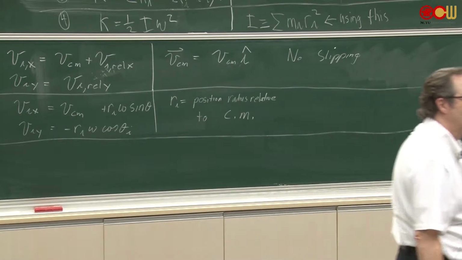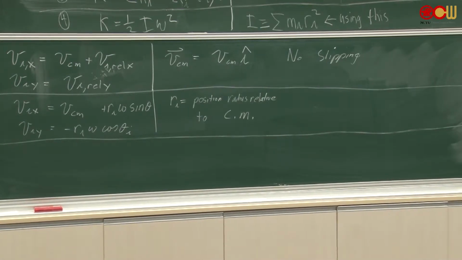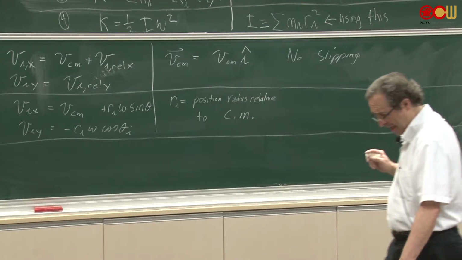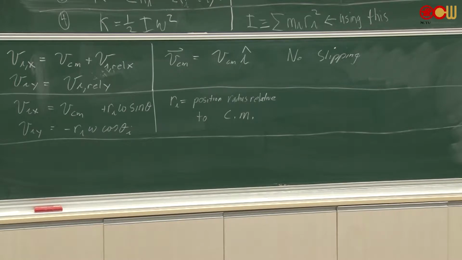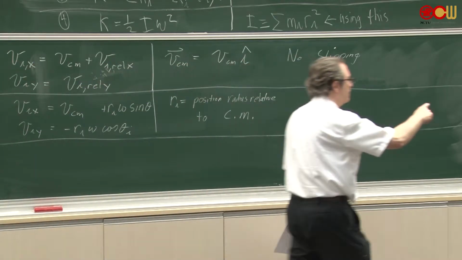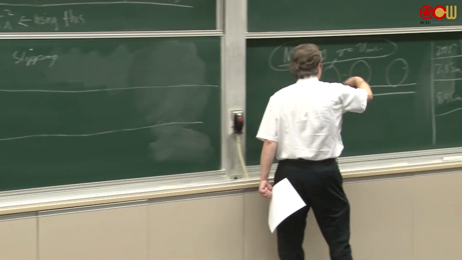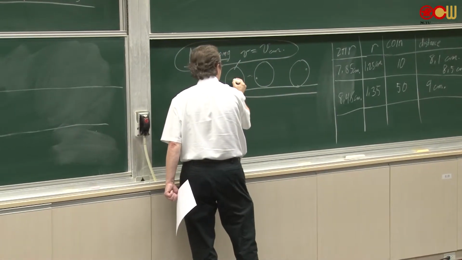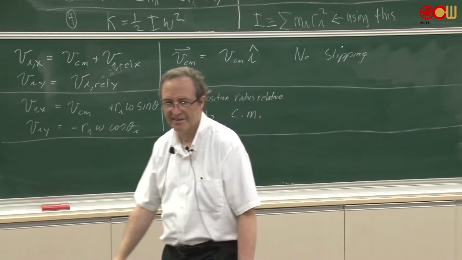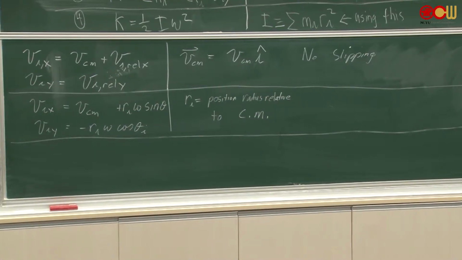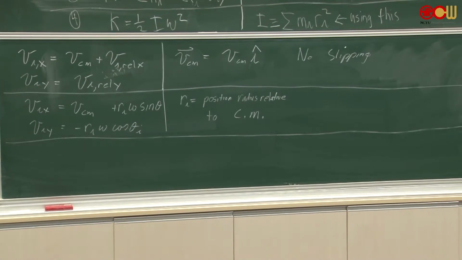Okay? So when we think about it, remember, if this is rolling, we're going to be taking as our axis of rotation an axis that goes through the center of mass. So if it's rolling like this, our axis is right there, or right there, right there. Draw a picture. See if you can figure out what that picture should look like.